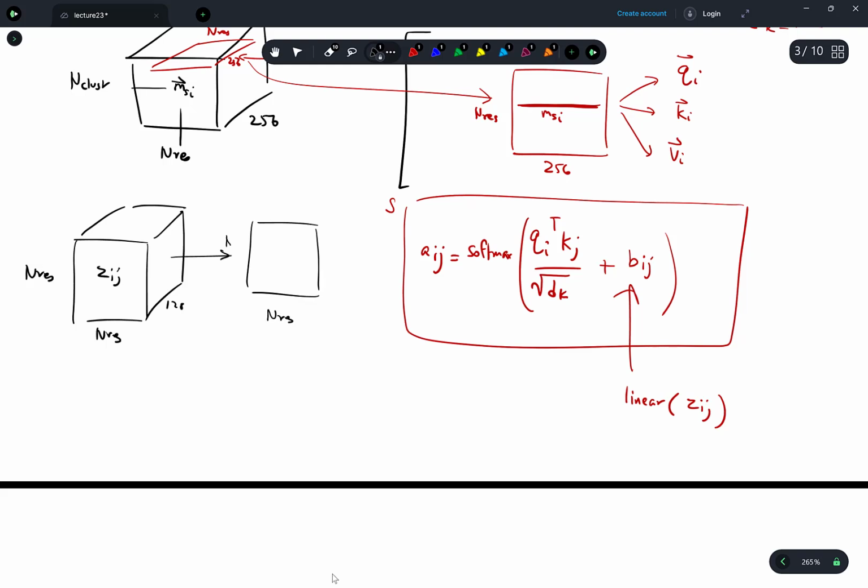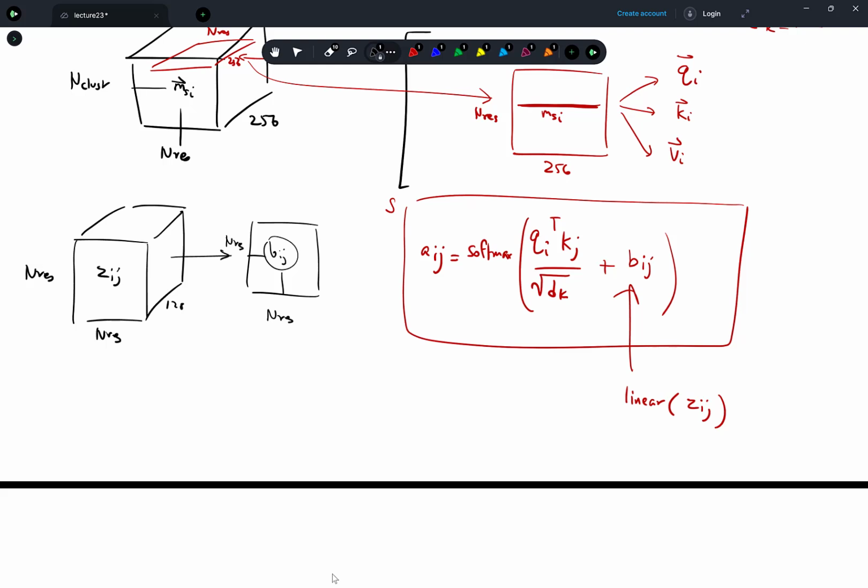And Bij is a single scalar, okay, so this is just exactly as it is. So I just have a linear layer that maps from 128 dimensions to a single dimension. You see what I did? I basically just compress all the information from that 128 dimensions onto a single scalar.